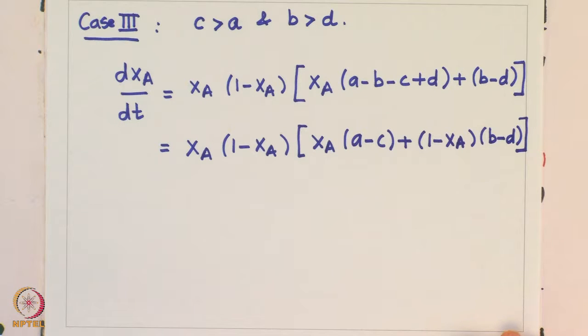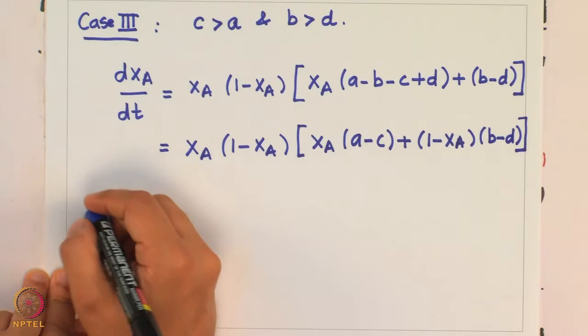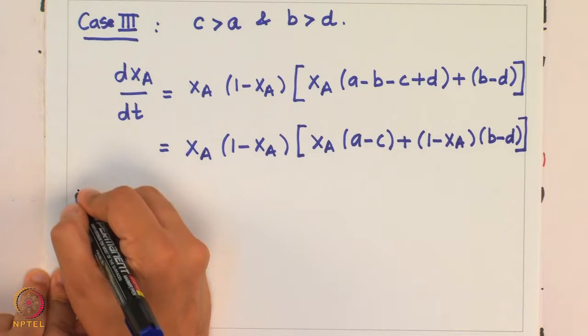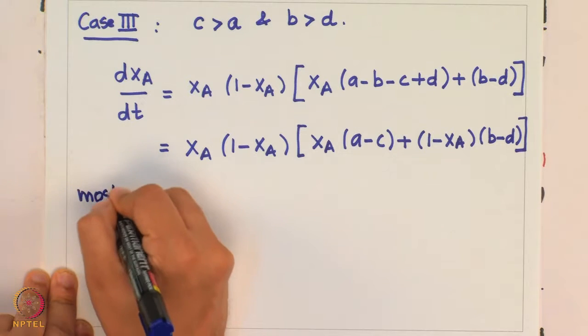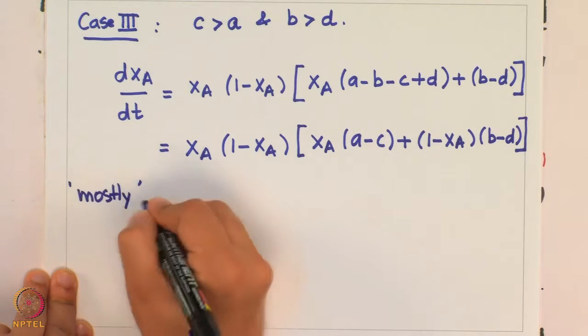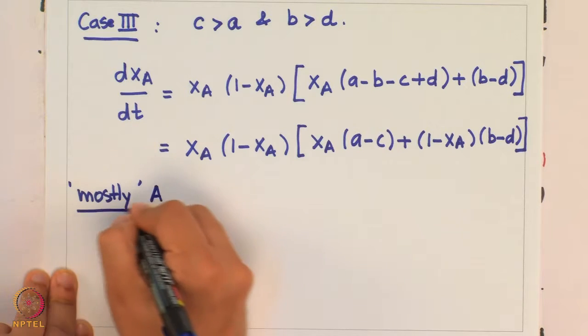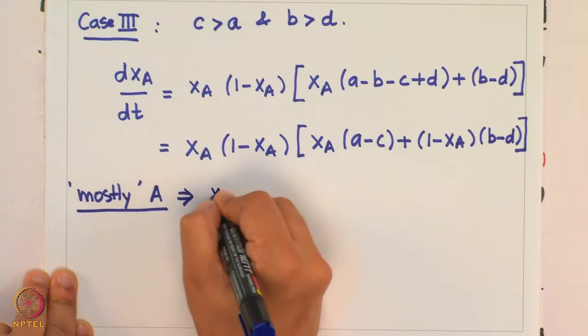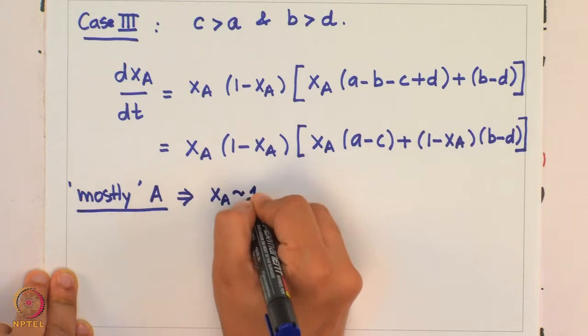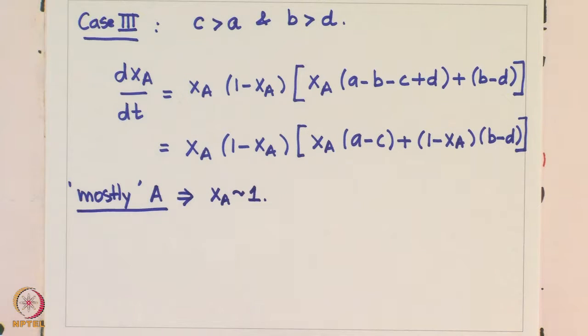So, what does this tell me about the dynamics of the system? What this tells me is that when the population is mostly A, and I am using the word mostly in quotes here, which implies that xA is approaching 1, is not quite 1, but is approaching 1. Most individuals in the population belong to genotype A, and there are only very few individuals which actually belong to genotype B in this scenario. That is the scenario we are calling mostly A here.